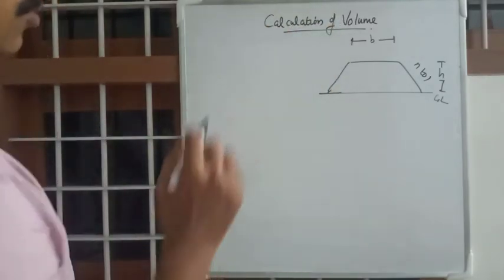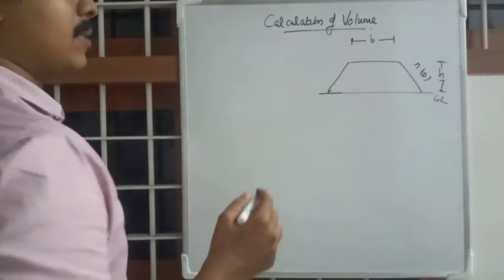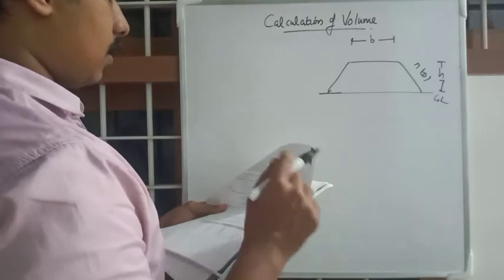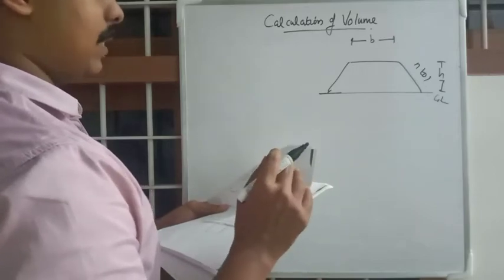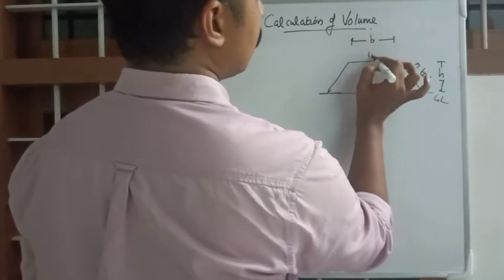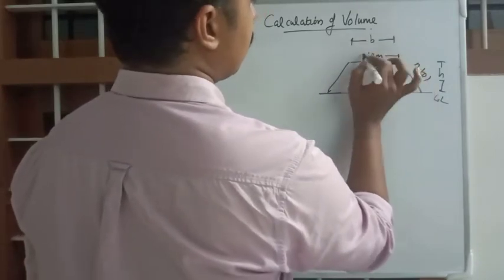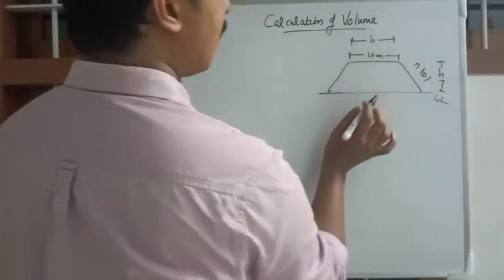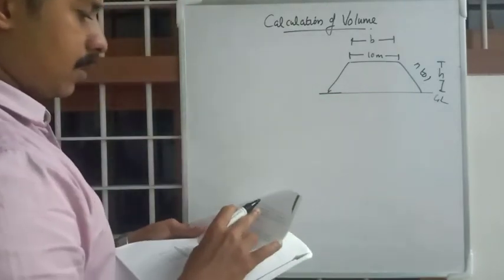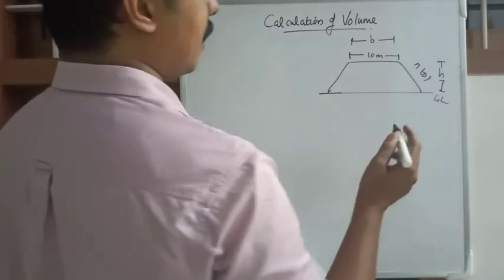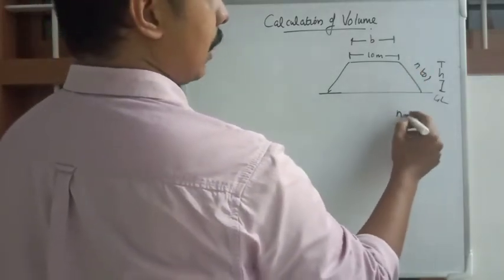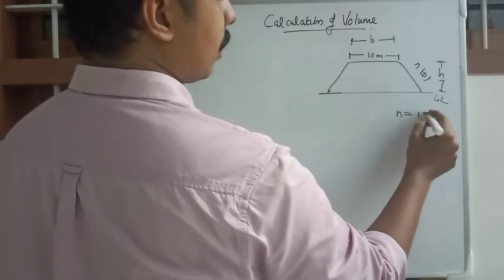Now we'll assess the values given. The width of the railway embankment is 10 meters, with side slope 1.5 to 1, that is n is equal to 1.5.